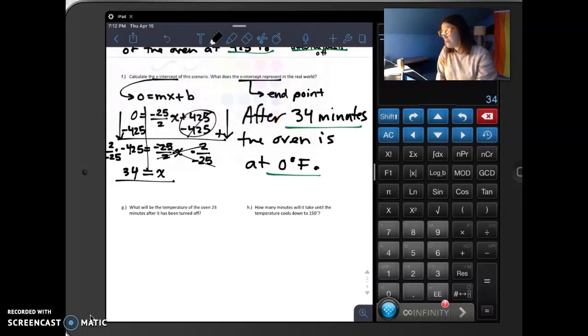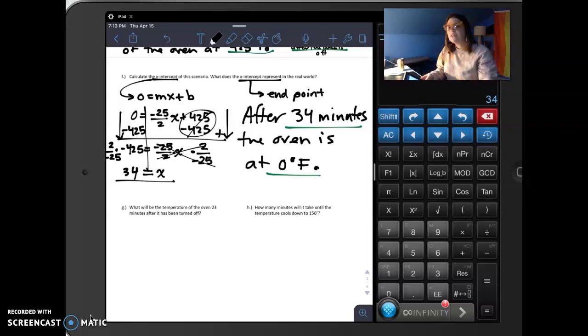But I also want you to think about how cold is 0 degrees Fahrenheit? Colder than any kitchen that I've ever been in. So this question is asking, what does it represent in the real world? It doesn't really represent anything in the real world, because what they're saying is if the oven continued to decrease in temperature, sure, it would eventually get to 0 degrees Fahrenheit, but really, ovens in our kitchens only ever get down to the temperature in our kitchen, room temperature.